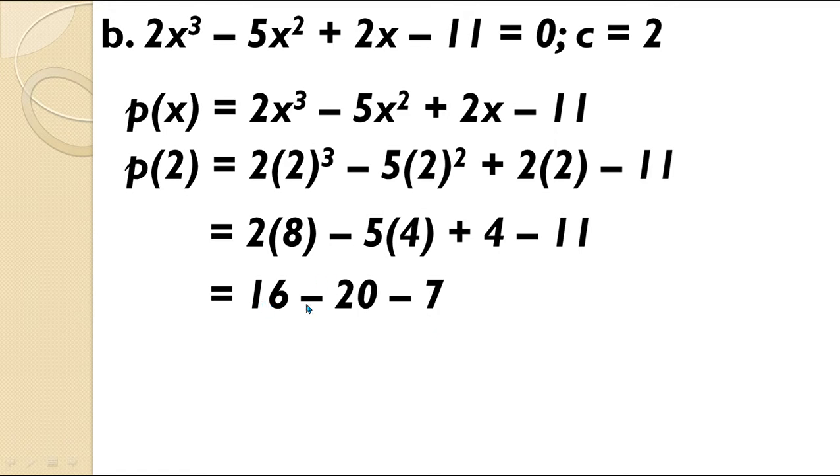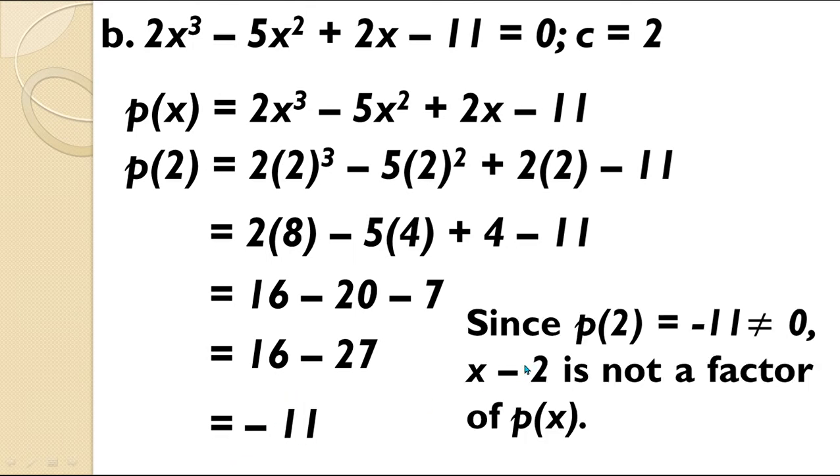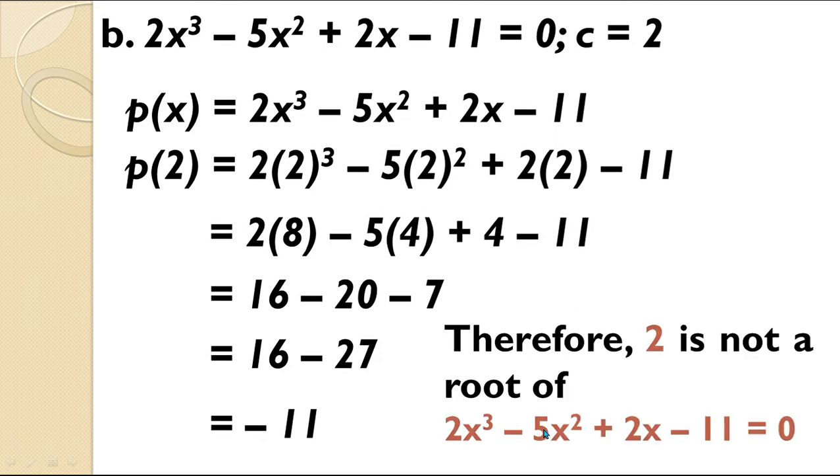So 16 minus 20 ay negative 4 minus 7 is negative 11. Since P of 2 is negative 11 and negative 11 is not equal to 0, x minus 2 is not a factor of P of x. Therefore, the given value of c, which is 2, is not a root of the given polynomial.